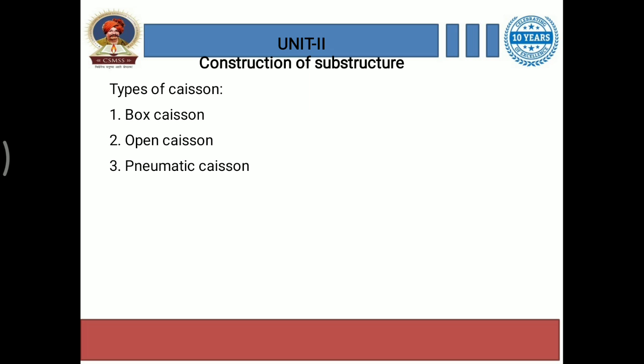These are the three major types of caisson based on function and type of structure. First, box caisson, open caisson, and pneumatic caissons. Let's see each type in detail.